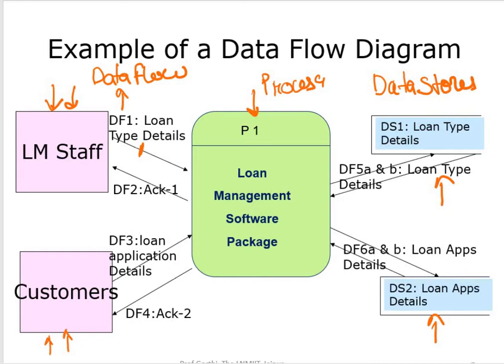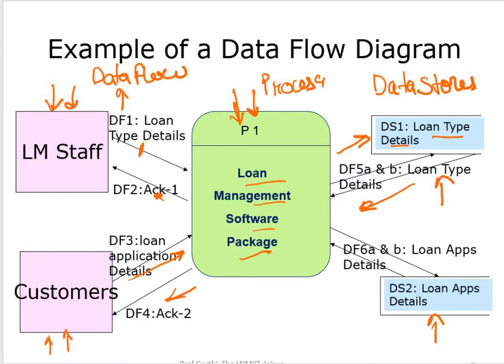So on this side I'm sending the loan type details, on this side I'm getting some acknowledgement. From the customer's perspective, I'm sending the loan application details, I'm getting some acknowledgement. And on this end, this loan management software package has this particular process, which is sending some details to the data store of loan type detail and receiving some details from this end. And the same thing is done to this particular data store, which is your loan application detail.